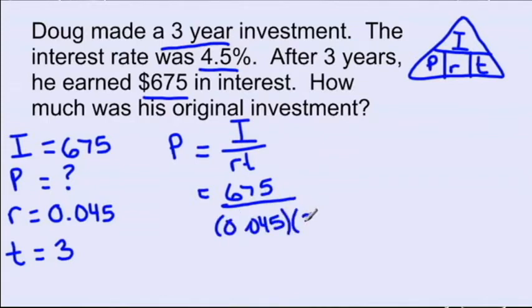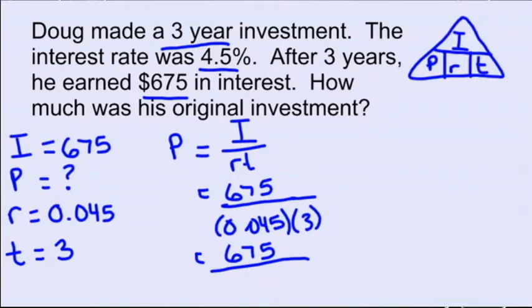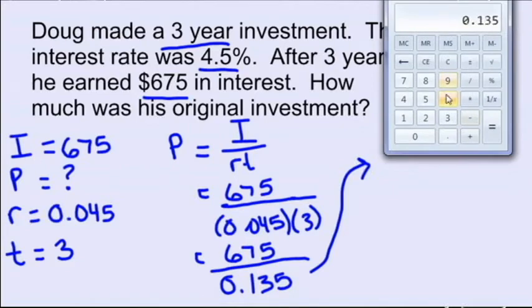And my T is 3. I'm going to need to punch in 0.045 multiplied by 3 to give me my denominator, which is 0.135. And now finally I can punch this in. I'm going to have 675 divided by 0.135. It's going to give me an even 5,000.